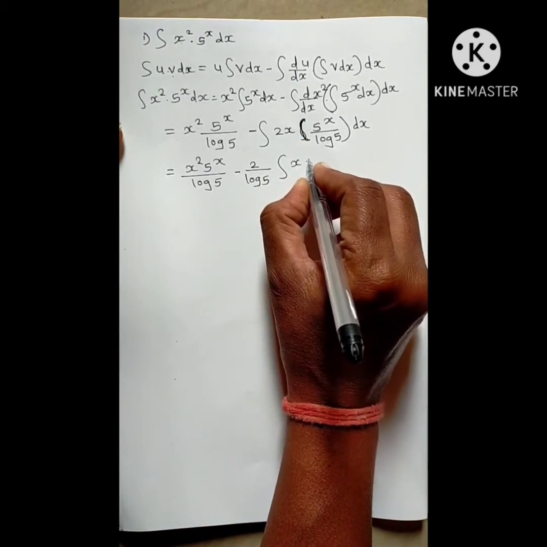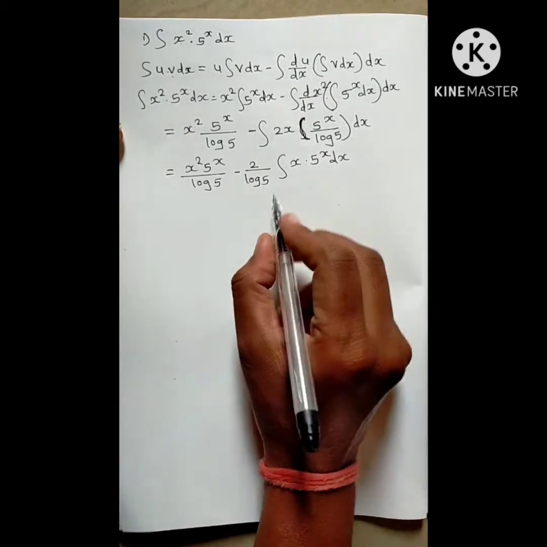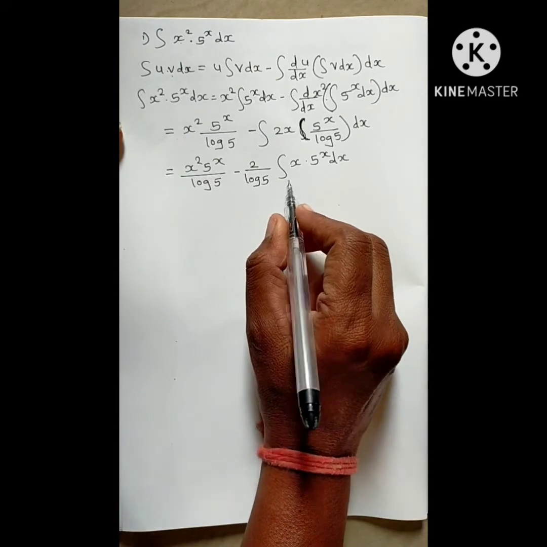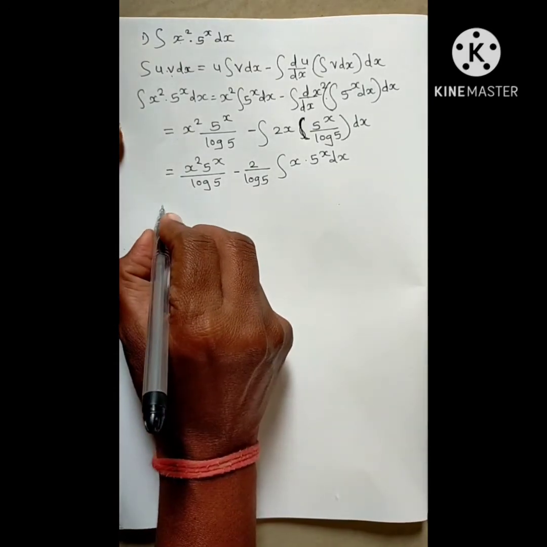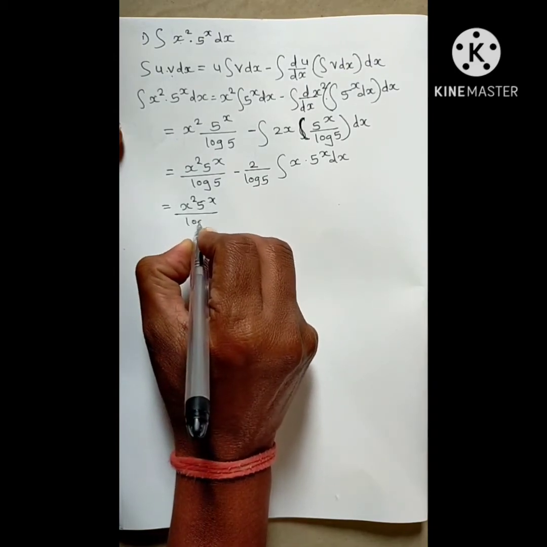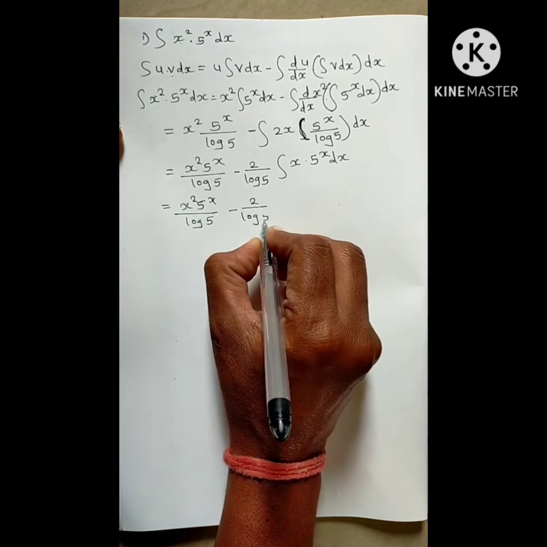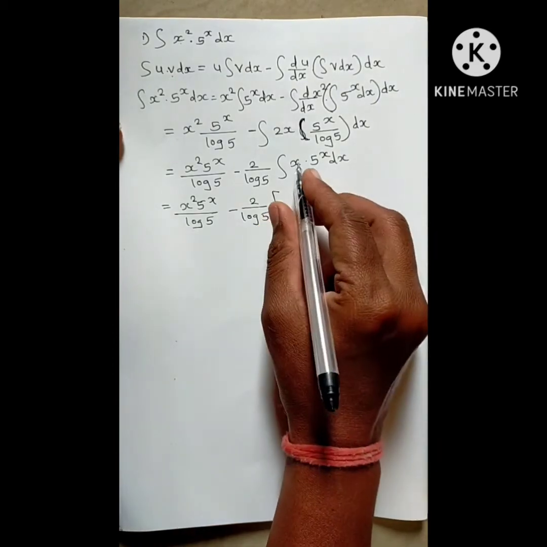The remaining term is integration x into 5 raised to x dx. Again here we use the integration by parts formula, which gives x square 5 raised to x by log of 5 as it is minus 2 by log of 5 in brackets.